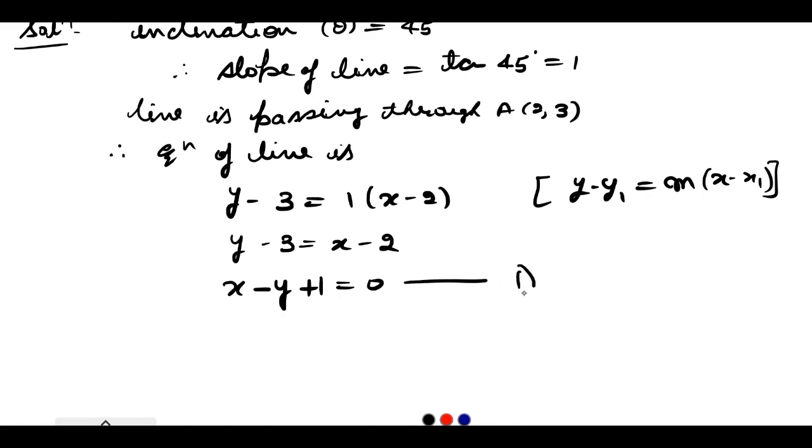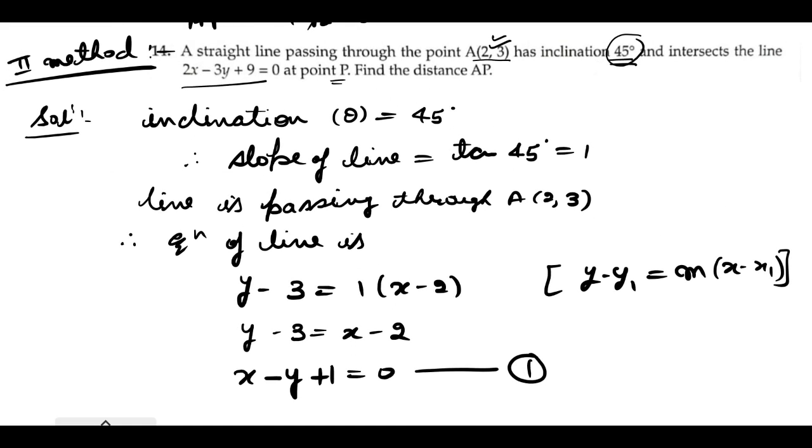This is line 1, and the second line given in the question is 2x minus 3y plus 9 is equal to 0, and P is the point of intersection of these two lines.